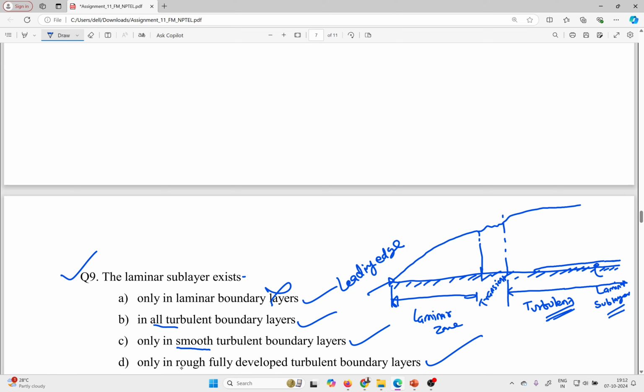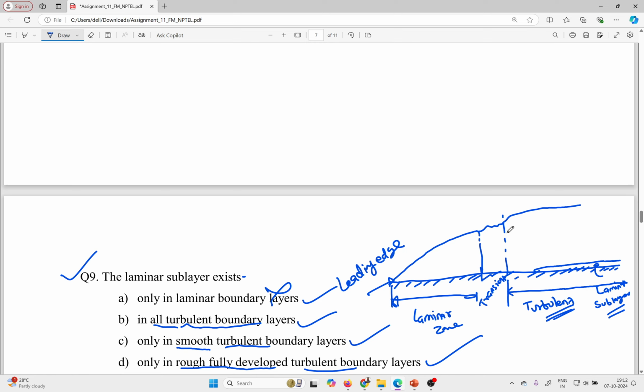So here is rough, fully developed. All three are turbulent boundary layers. The only difference is that here we are talking about all types of turbulent boundary layer, smooth and rough. So the question is like that.